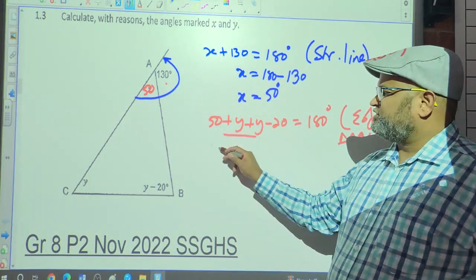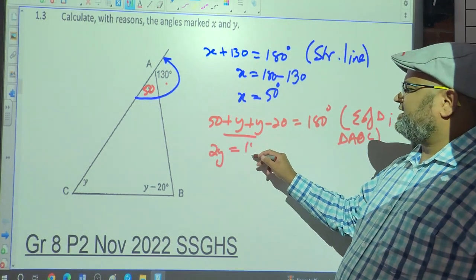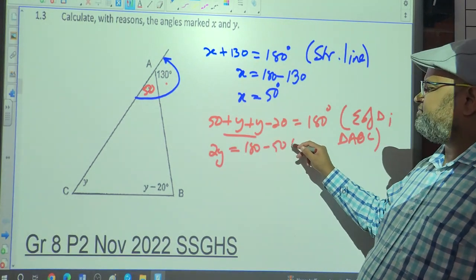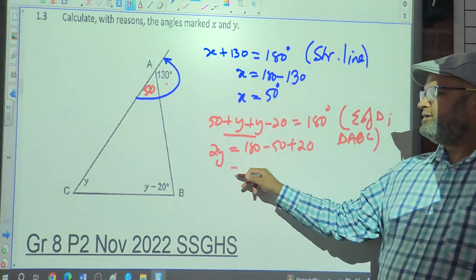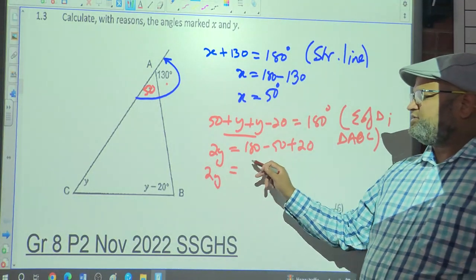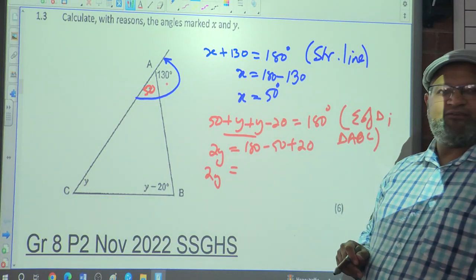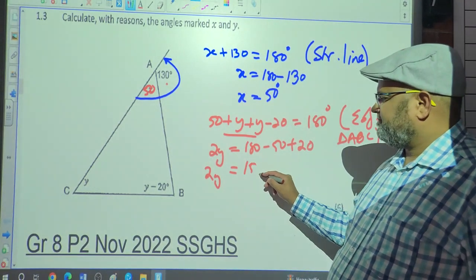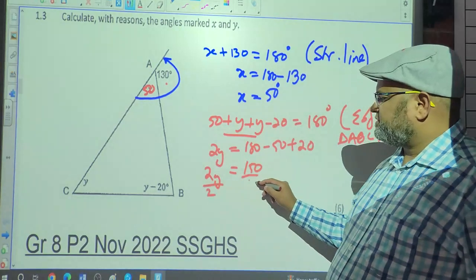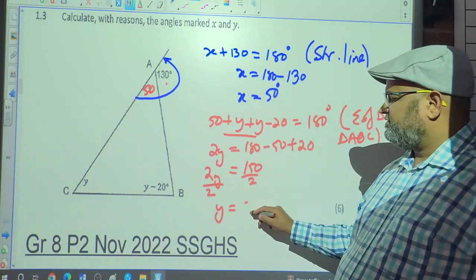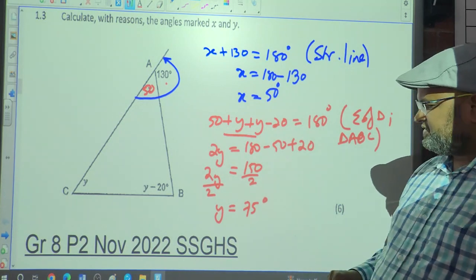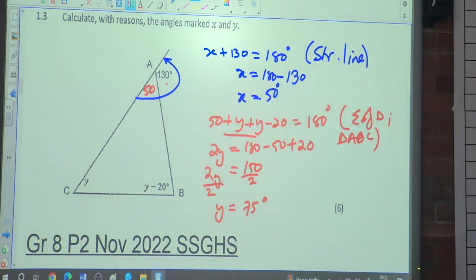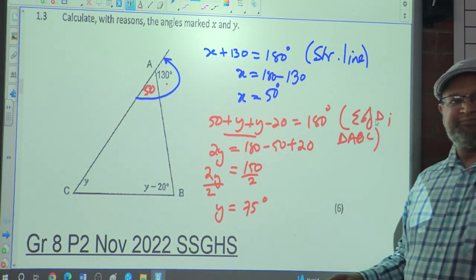So it's going to give us 2y is equal to 180 minus 50 plus 20. 180 minus 50 is 130. 130 plus 20 is 150. Divided by 2 on both sides, so y gives us an answer of 75 degrees. Okay, any confusion there?